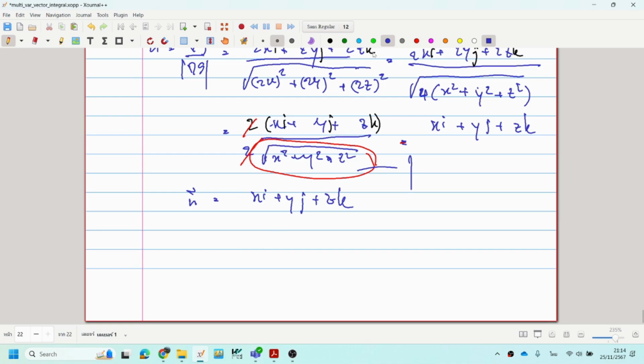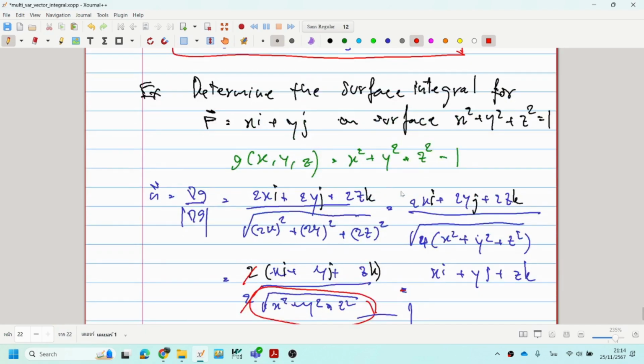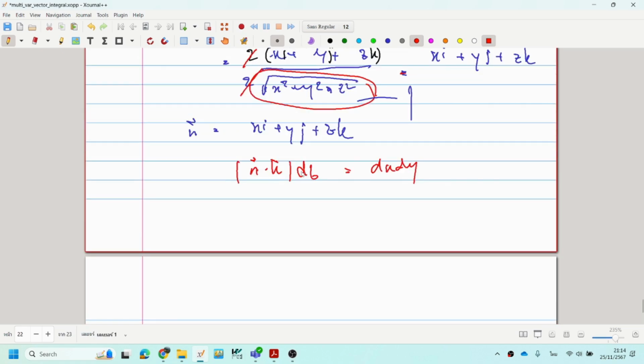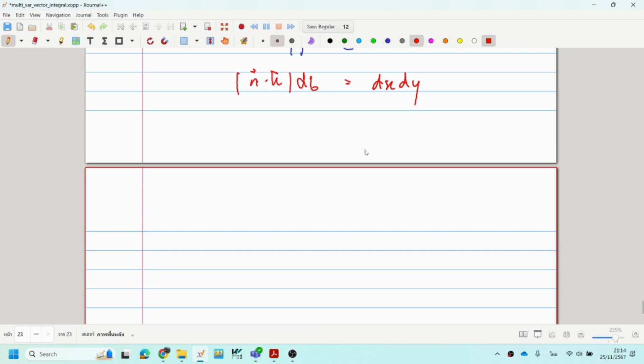This is the formula: n dot k d sigma equal dx dy.